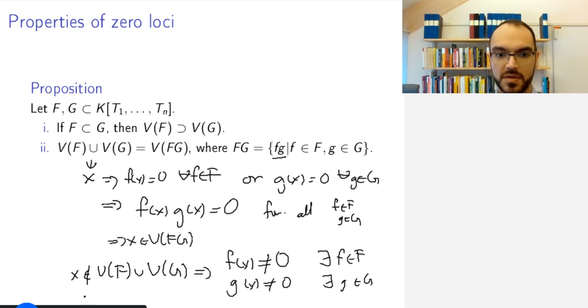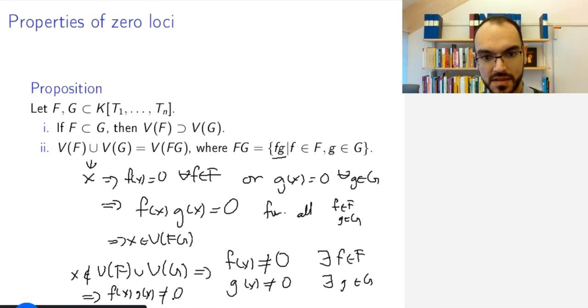But then because we are in a polynomial ring that's an integral domain, f of x times g of x will not be 0, and x will not belong to this vanishing set. So we have proved that these two sets are equal.